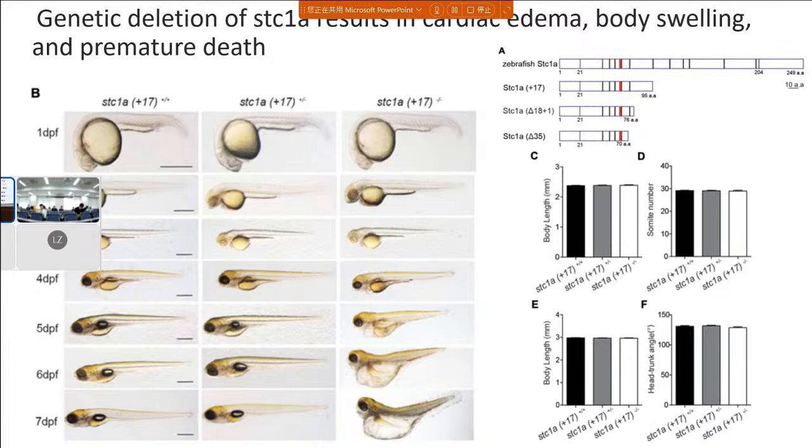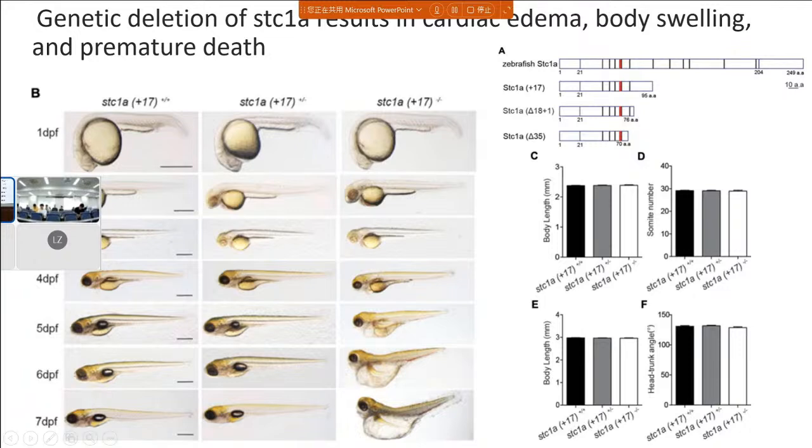The progeny of the STC1A heterozygous cross were a mix of the homozygous, heterozygous, and the wild type. This one is wild type, this one is heterozygous, and this one is homozygous mutant. And then we analyzed them in a double-blind manner.